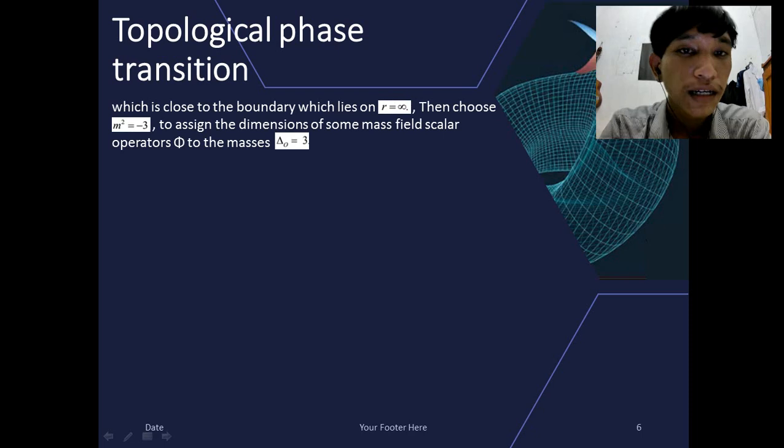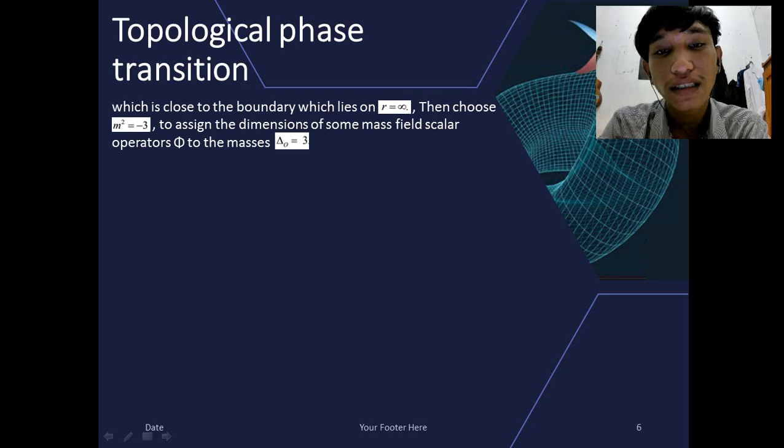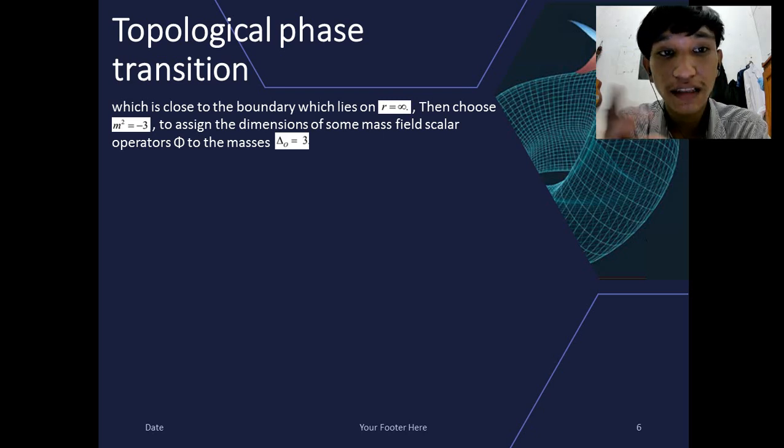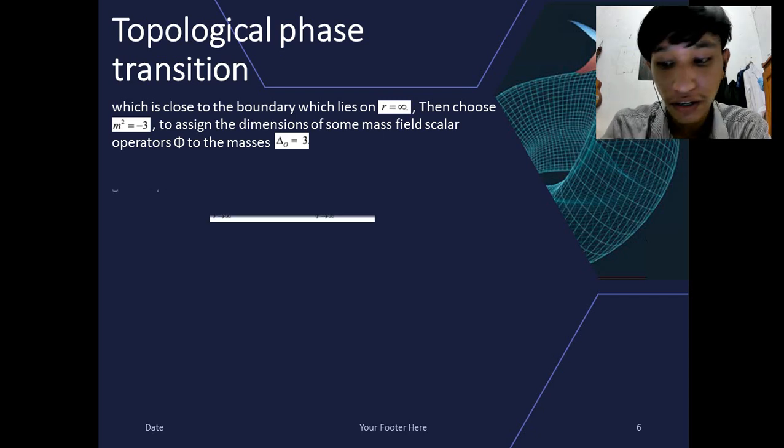After that, at the boundary, which lies at r infinity, we choose m squared equal to minus 3. The dimension of the scalar operator dual to the mass is 3.